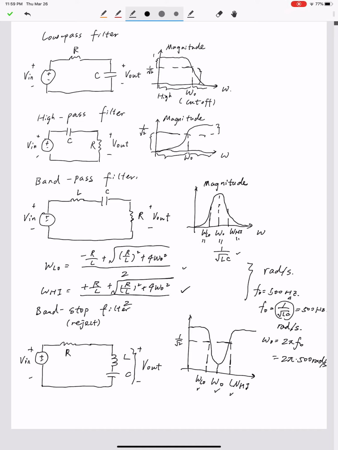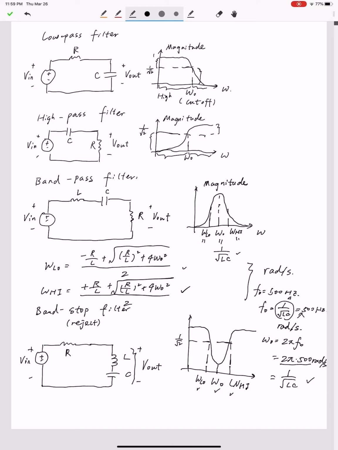Then after you have 2 pi times 500 radian per second, you can say that equals 1 over square root of LC. Okay, this is correct, but this is not.